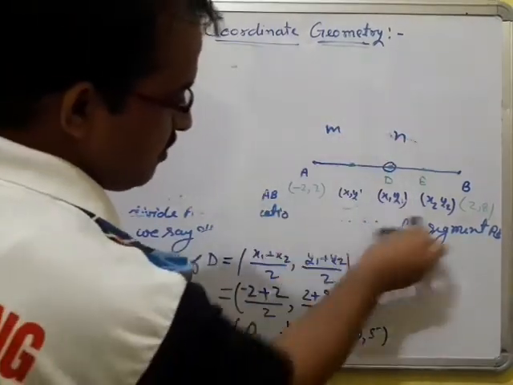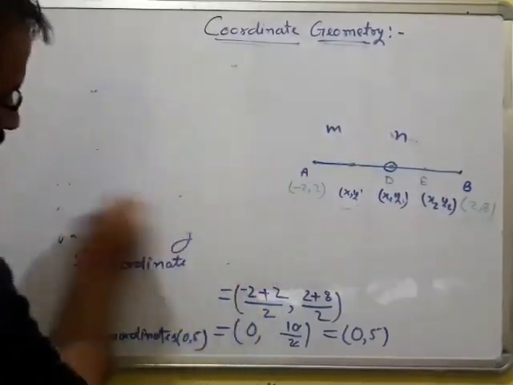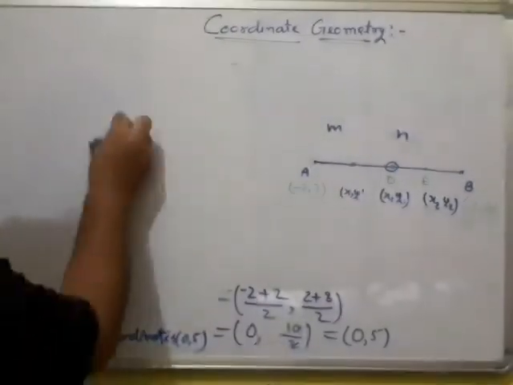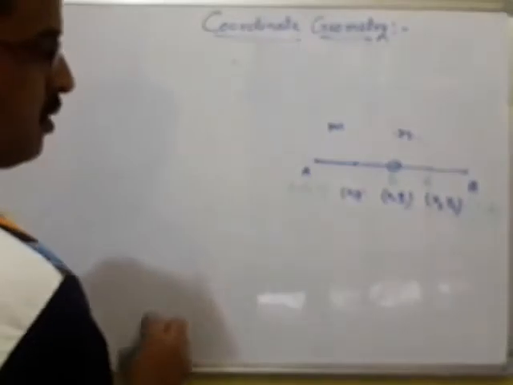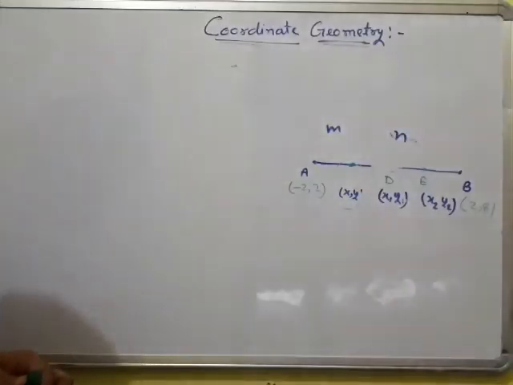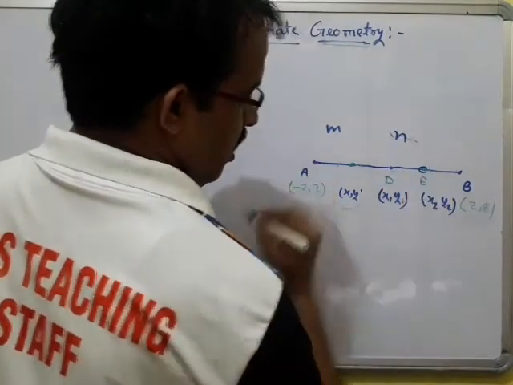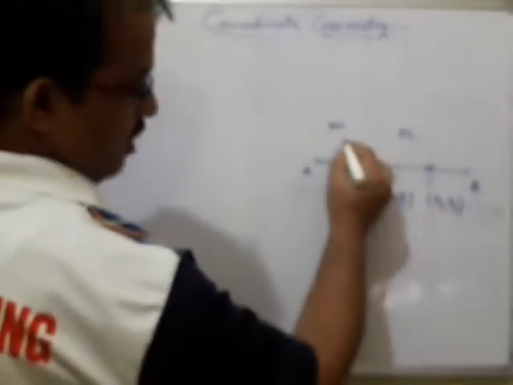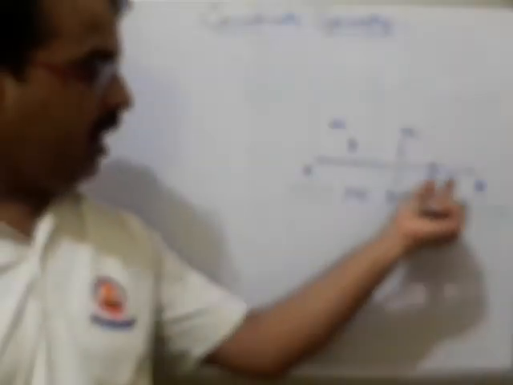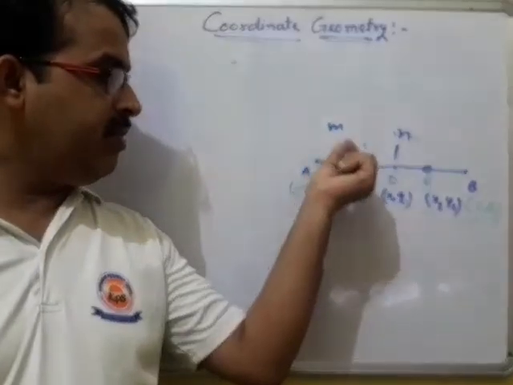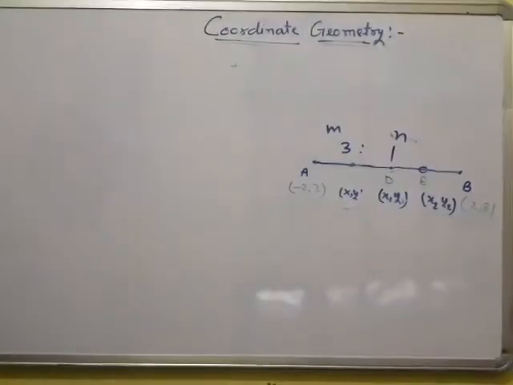This one also changes. Let's find the coordinates of E. So this one is 3:1. This part is 3 and this part is 1. So m is 3, n is 1. Here. So now look here.